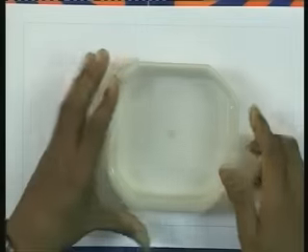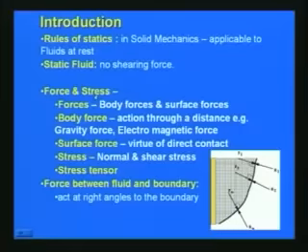Now, before going into more details of fluid statics, we will just review some aspects of forces and stresses. We can classify the forces into body forces and surface forces. The body force acts through a distance.